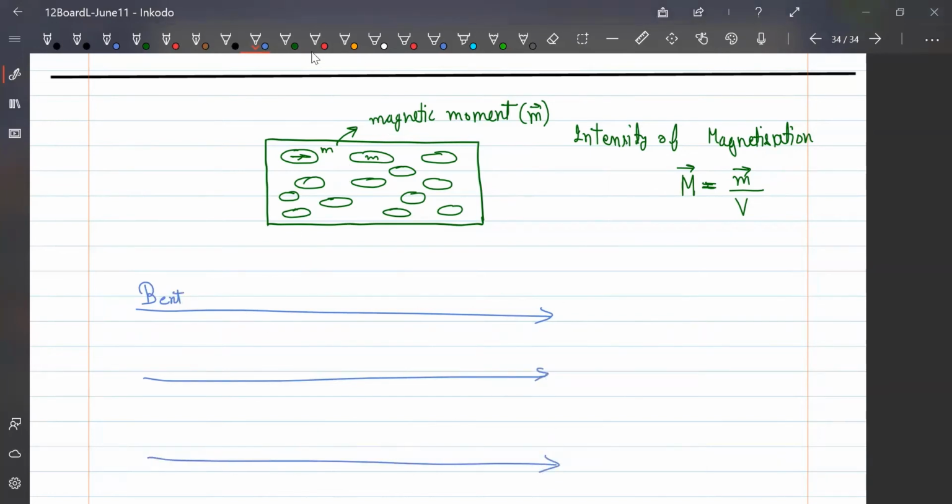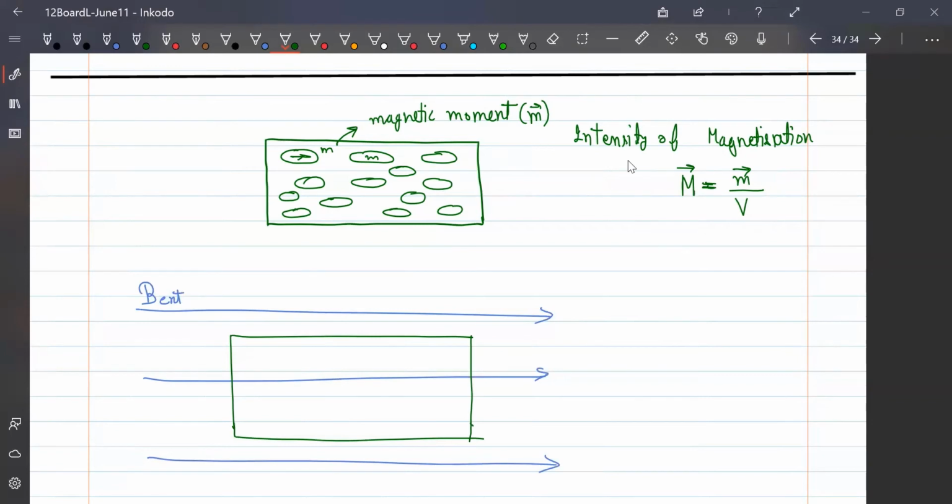External magnetic field की वजह से magnetic induction होता है. Means already जो magnetization हुआ है, that is m vector.